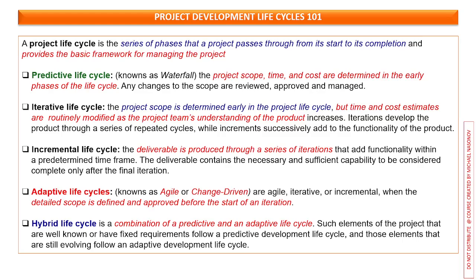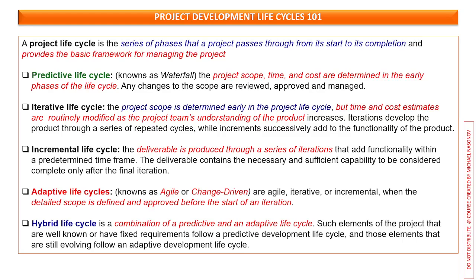Iterative life cycle. Project scope is determined early in the project life cycle, but time and cost estimates are routinely modified as the project team's understanding of the product increases. Iterations develop the product through a series of repeated cycles, while increments successively add to the functionality of the product.